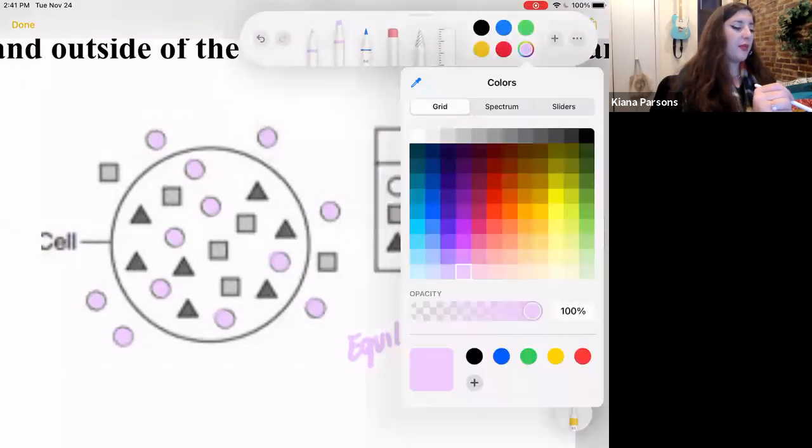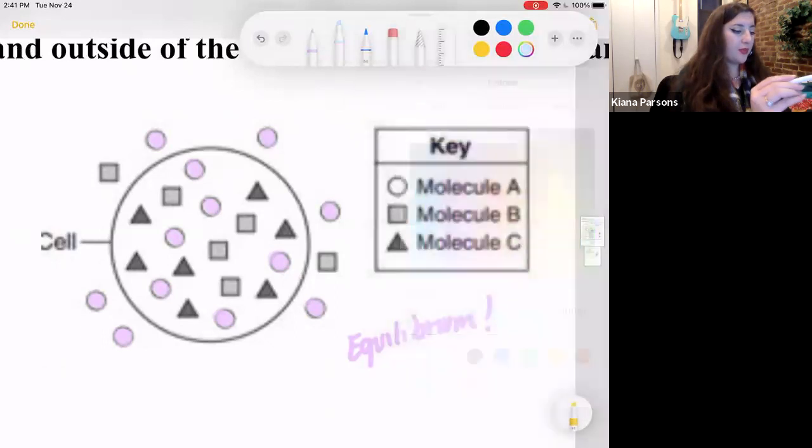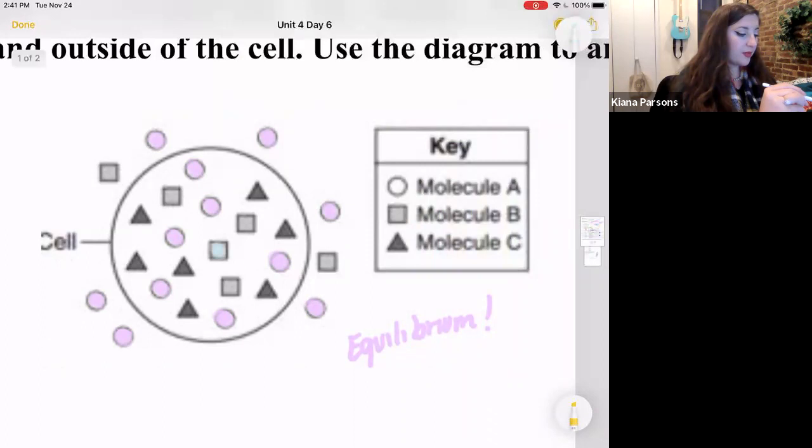Now let's take a look at molecule B. So we've got 4 molecule B inside of the cell and 2 outside of the cell.